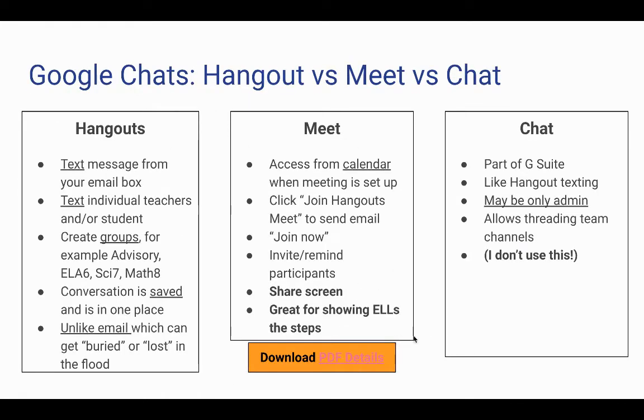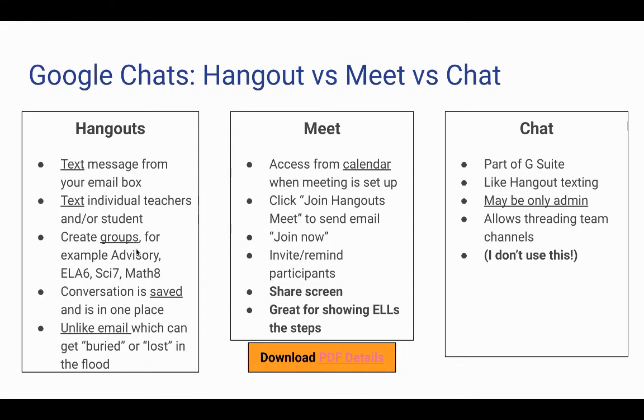All right, shift again to these Google Chats. The word chats is an umbrella term that encompasses Hangouts and Meets and also another type of chat. Hangouts and Meet are the ones that I use the most. Hangouts is a way to send text messages from your email box. You can send text to individual teachers or to students.